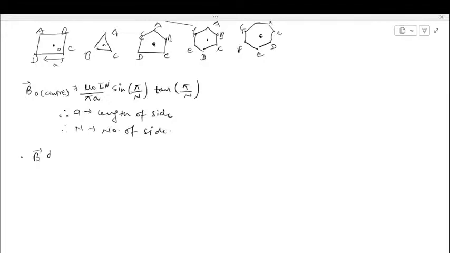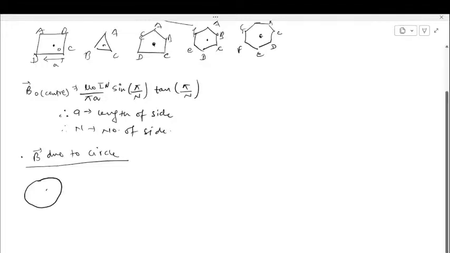Magnetic field due to a circle: this is the circle, this is the current. Magnetic field at point O is mu naught I upon 2r.